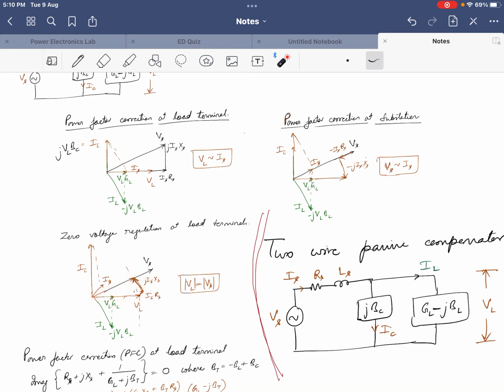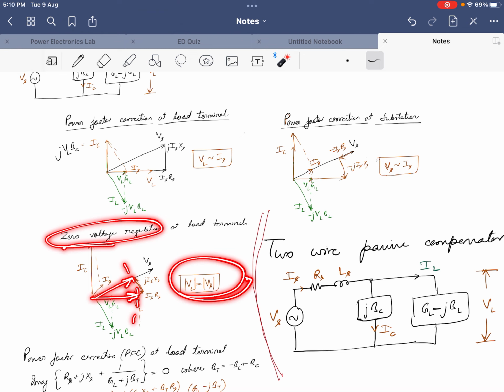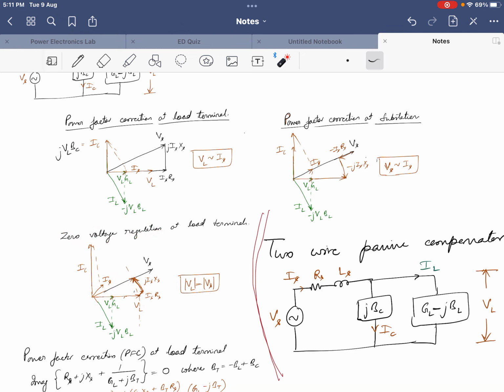By this, we can say that if we put a dotted line, the VL magnitude and the VS magnitude are both equal. So the load voltage and the source voltage are the same. Zero voltage regulation is attained by keeping the IS in the direction here like this.